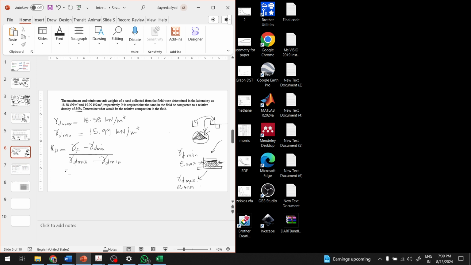This will be, relative density has been given as 85%, that is 0.85, equals gamma field, which we want to calculate, minus 15.99 over 18.38 minus 15.99. Let's calculate this.